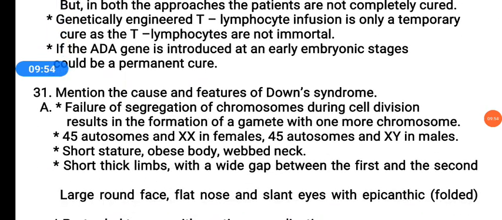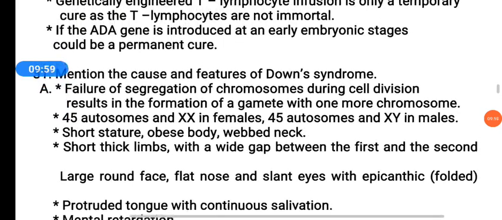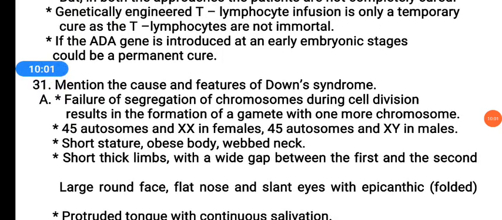Mention the causes and features of Down syndrome. Okay, causes and features of Down syndrome. Failure of segregation of chromosomes during the cell division results in the formation of gametes with one more chromosome. What happens? There is segregation of chromosomes, that is separation of chromosomes during the cell division.